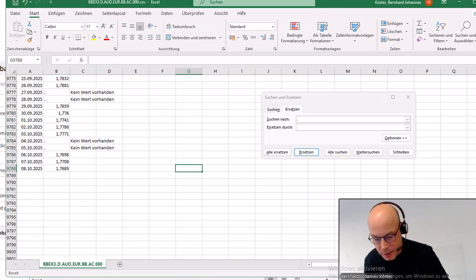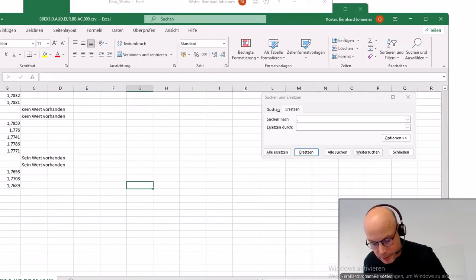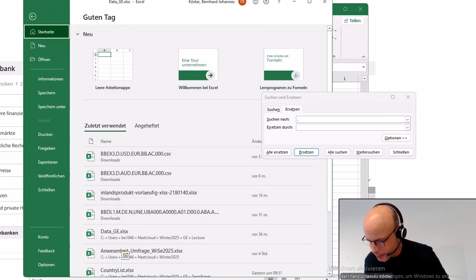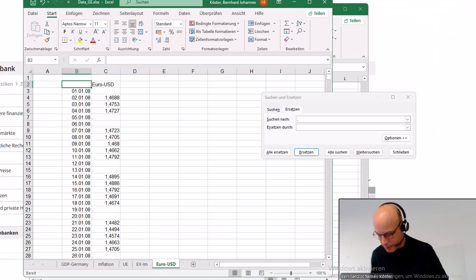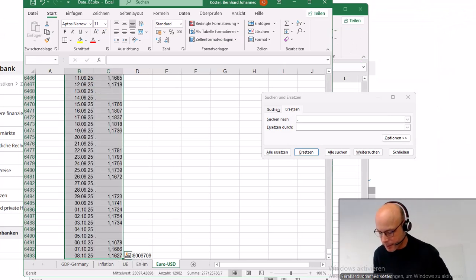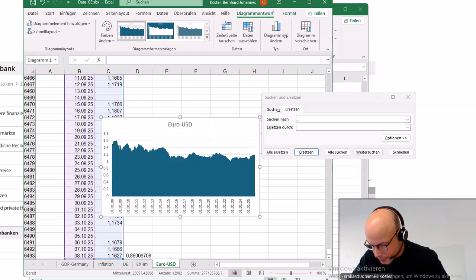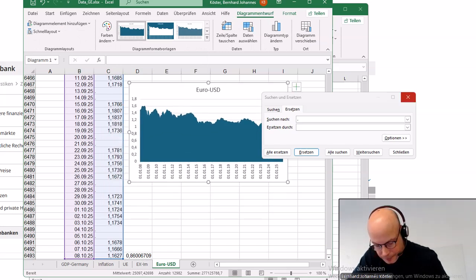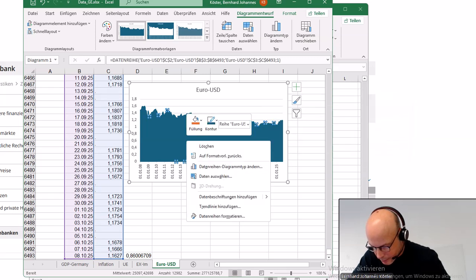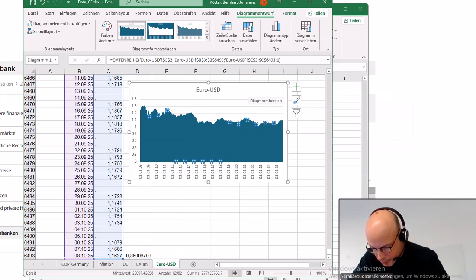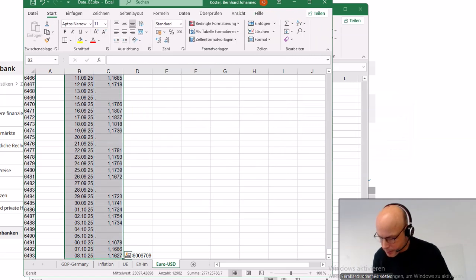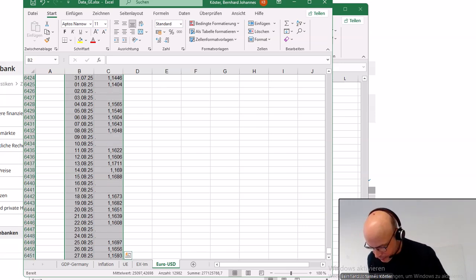So this is the other one. This I don't need anymore. And back again here. Let's see what has happened to the exchange rate. Why do I have all these now? Oh, there are still the dots. This was the reason. Why didn't I get rid of them?